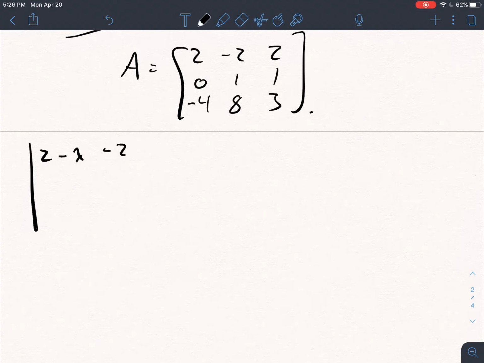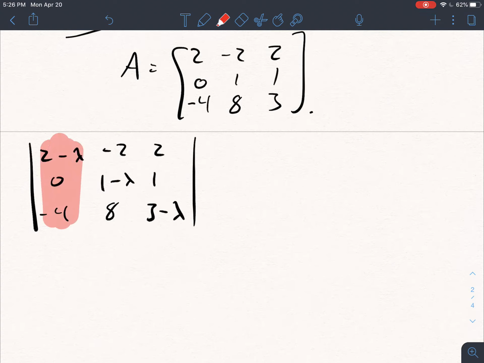If I want to look for eigenvalues, that's what I want to do first. I want to first find the determinant of A minus lambda times the identity matrix. Okay, this looks good. I'm going to expand along the first column because I have a 0 there.